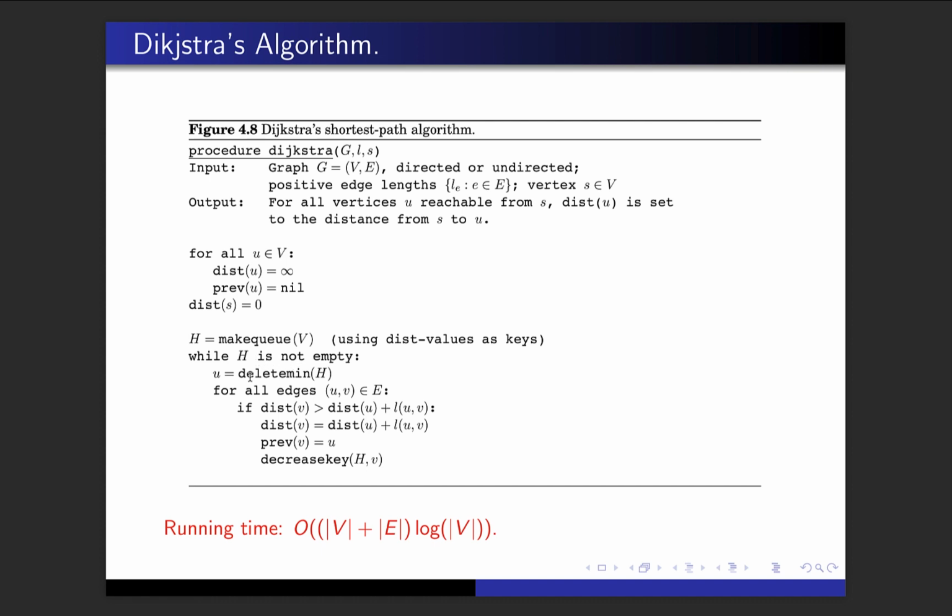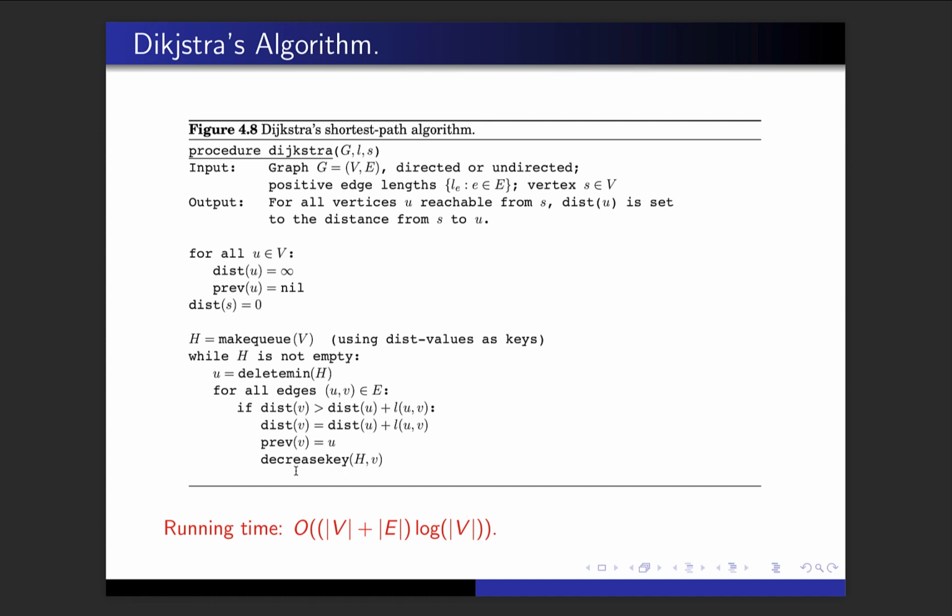Once you are fixing a particular vertex u, you will look at all the edges out of u, which means that you will look at each edge exactly once. And you may update a certain key value if this inequality holds true. And if so, you update the parent of vertex v. And then you do this decrease key procedure.